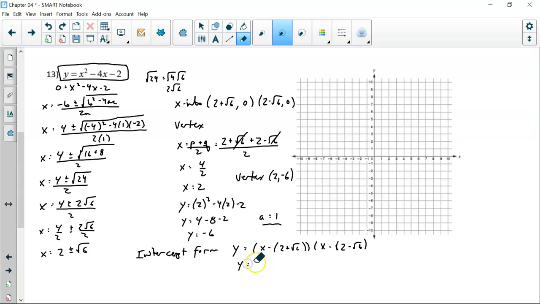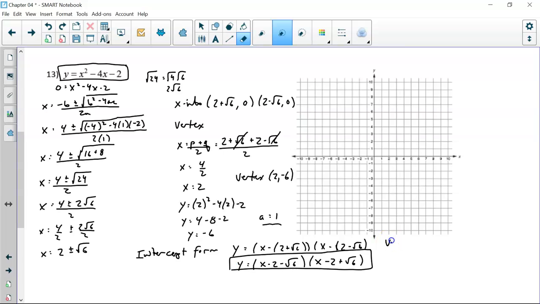So when we clean that up, y equals (x minus 2 minus the square root of 6) times (x minus 2 plus the square root of 6). That's our intercept form. Looks a little bit weird, but that's what it is.